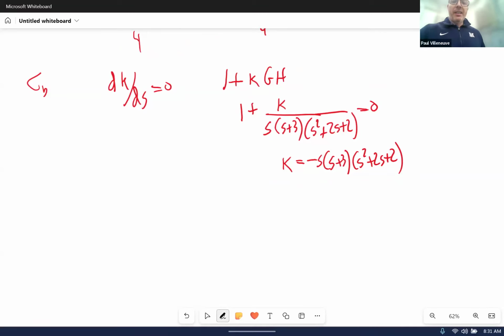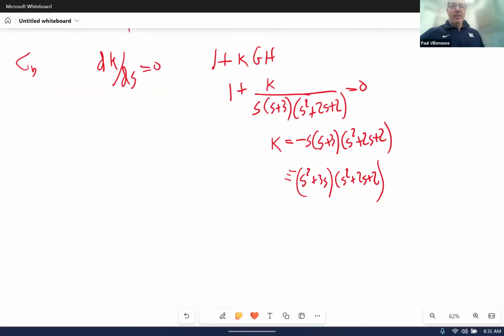Other people would find it easier to do S squared plus 3S times S squared plus 2S plus 2, and then continue expanding it. The only problem with that is it's easy to miss terms when you get to this many terms. So I would probably just set it up to here and take the derivative of this, unless you're really confident with the quotient rule.